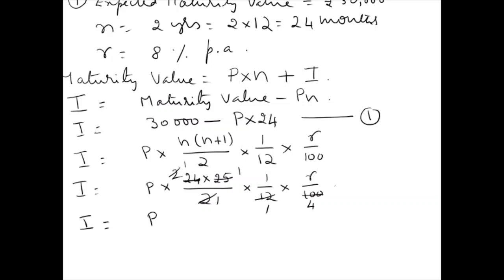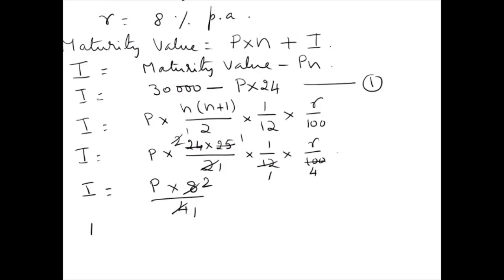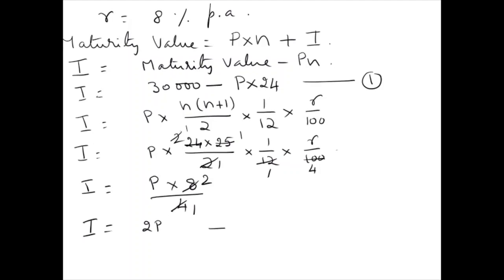I forgot to substitute the value of R here. R we already know, so P into R is now 8. Upon, now we have only 4, the others all got cancelled. Now 4 ones are 4, 4 twos are 8, so ultimately we have I is equal to 2P. Understood? So the final version is I equals 2P. Let us call this equation 2.